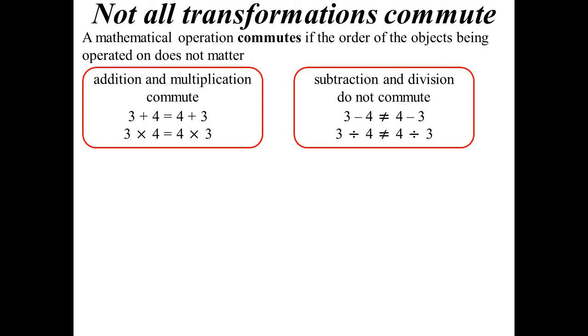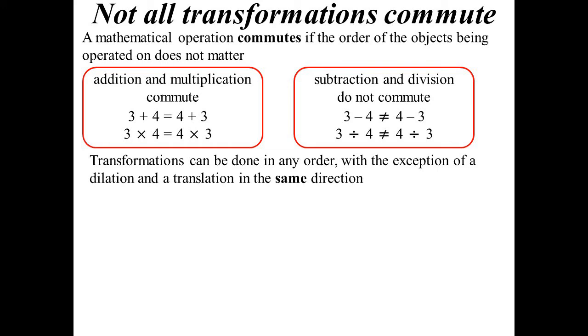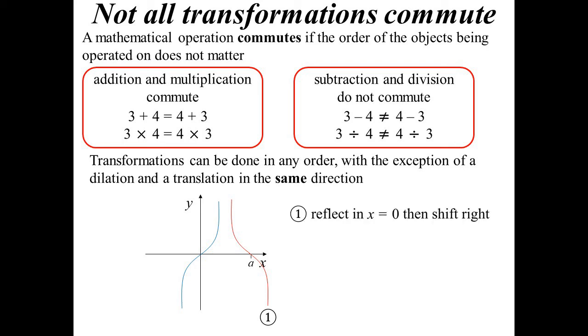And that's the same with our transformations. So your transformations basically can be done in any order. The exception is this: a dilation and a translation in the same direction. So if they're both horizontal or they're both vertical. So here's a shape, and there I've done a reflection. So I've reflected it first horizontally. So reflect x equals 0, then I'll shift it right. So a reflection, by the way, is the same as a dilation of factor -1.